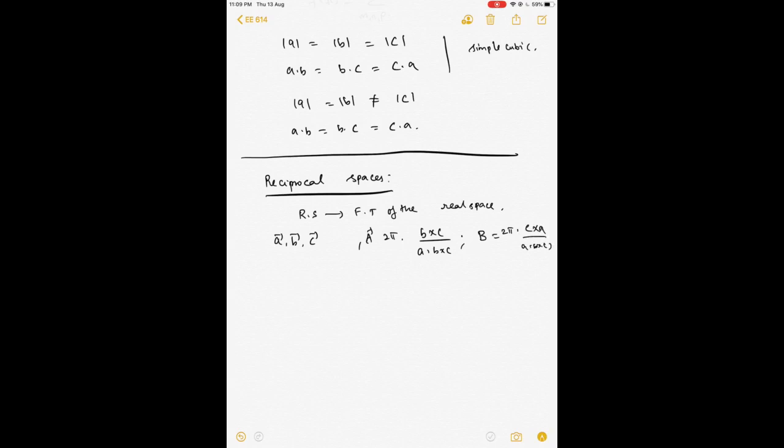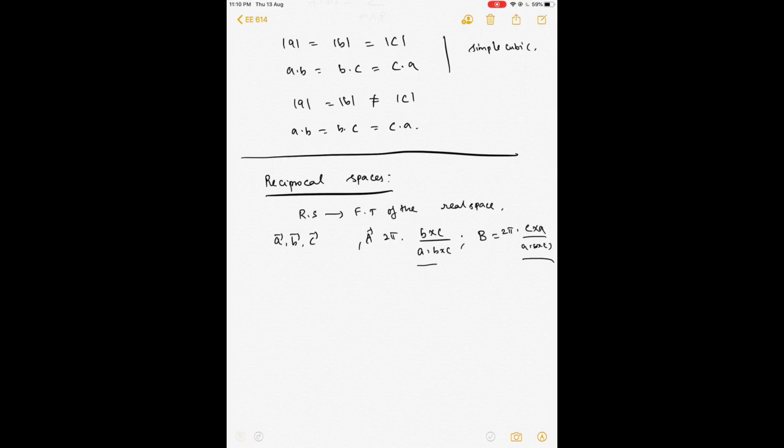Now let's understand why such a definition is necessary. If any of you have a different way to understand this, I'll be more than happy to look at it. But this is another interesting way to look at why one should define a reciprocal space like this. The main reason is that the reciprocal space is a Fourier transform of the real space.